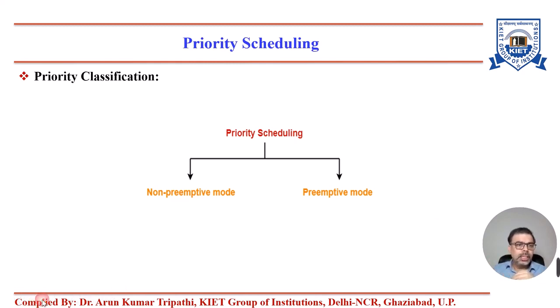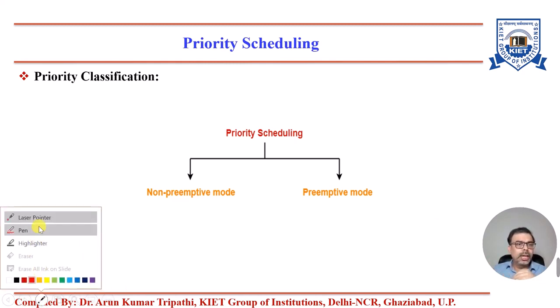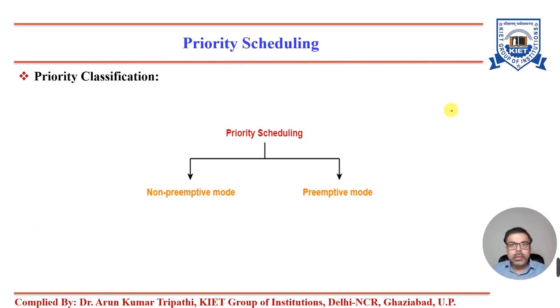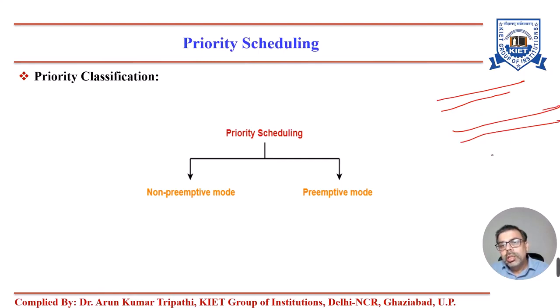So we can see how the priority can be defined. This is one queue, this is another queue, this is the third queue. So the queues are 1, 2, 3. I have numbered 1 as the highest priority and 3 as the lowest priority.